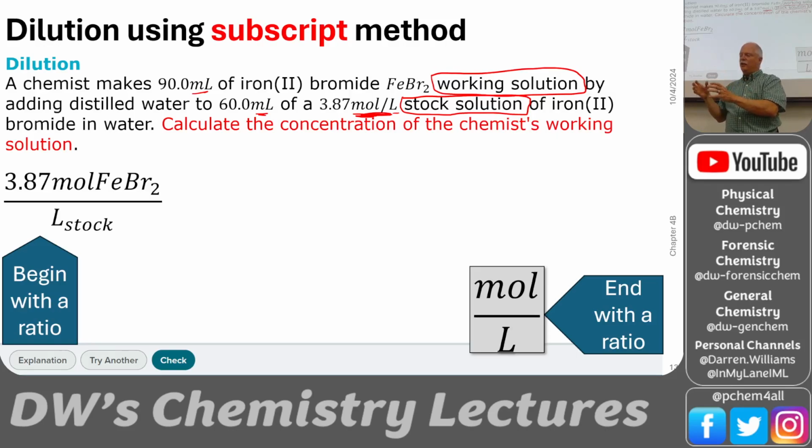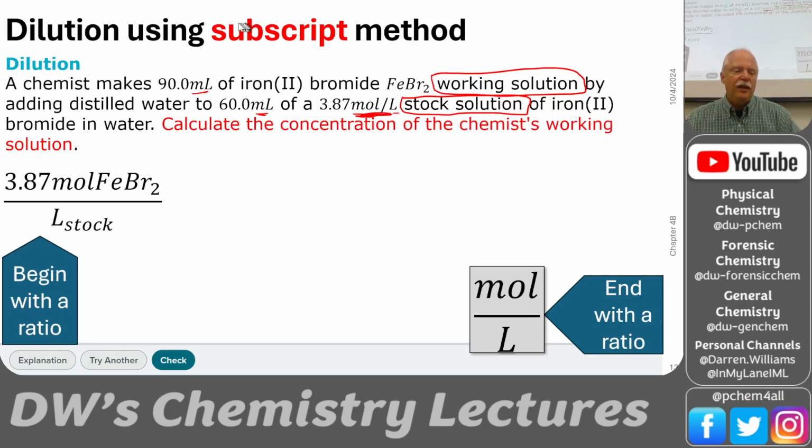You can take your bottle and weigh out a whole bunch of solute, dissolve it in water, and make a really concentrated stock solution. Then you can take a certain amount of liquid out of the stock solution, add more liquid, and make a dilute working solution. That's what we're talking about here. I'm going to use subscripts on all my volumes to keep track of these things.